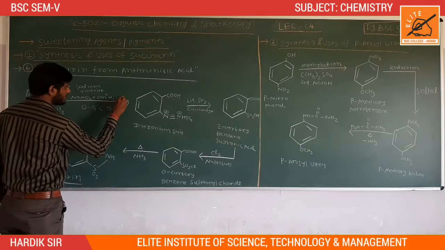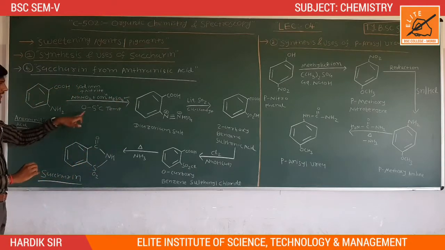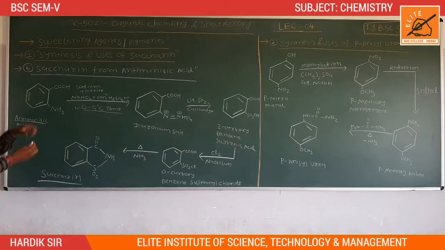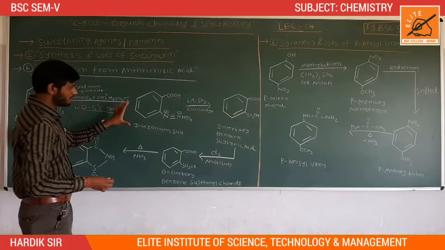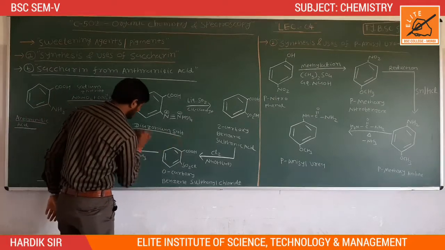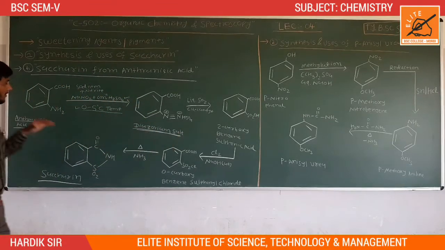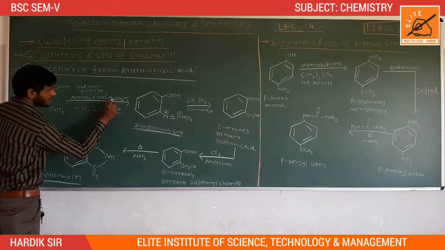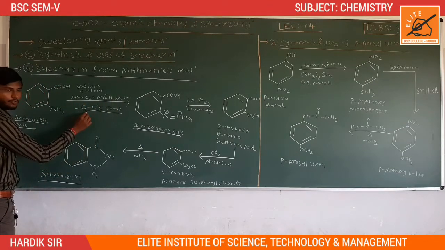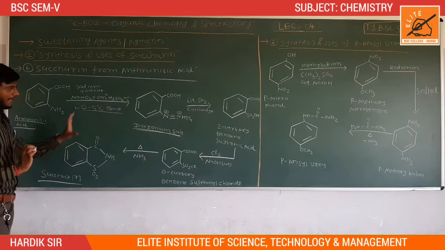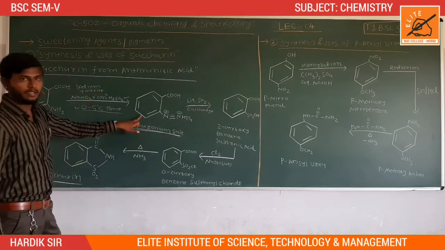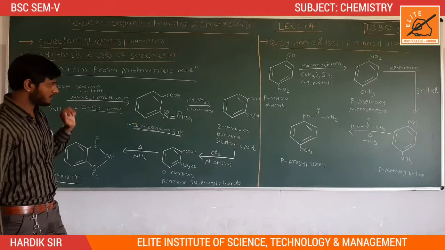And also concentrated H2SO4 in a cooling condition, 0 to 5 degrees Celsius temperature, and we produce a diazonium salt. This is our first intermediate product.